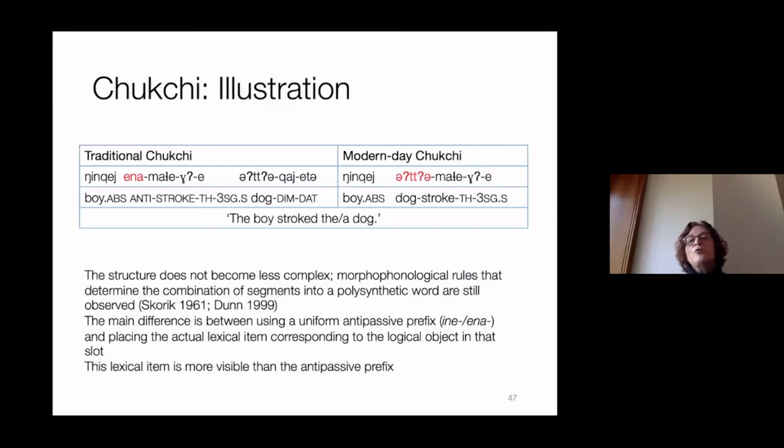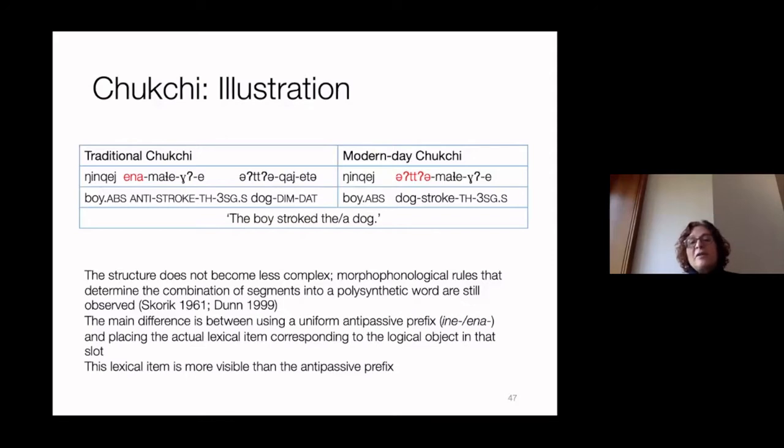In modern day Chukchi, this prefix ana is gone. Instead, every time there is an equivalent of anti-passive, the language incorporates what was the object. The structure, as a result, doesn't become any less complex because you have morphophonological rules that determine the combination of segments into a polysynthetic word.